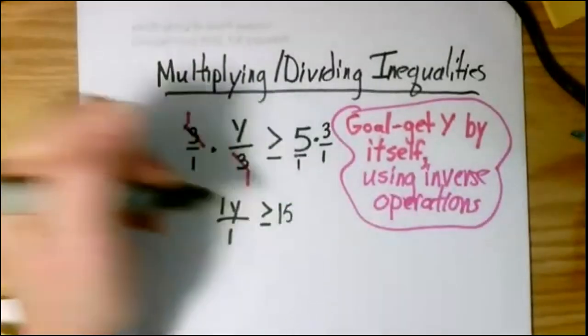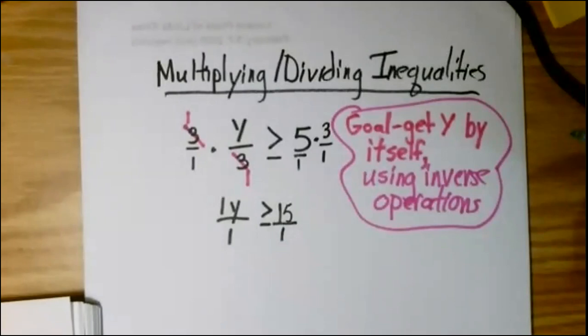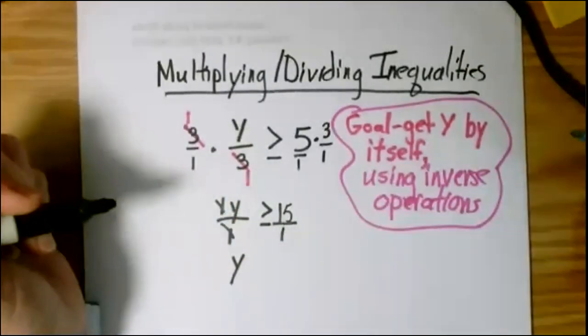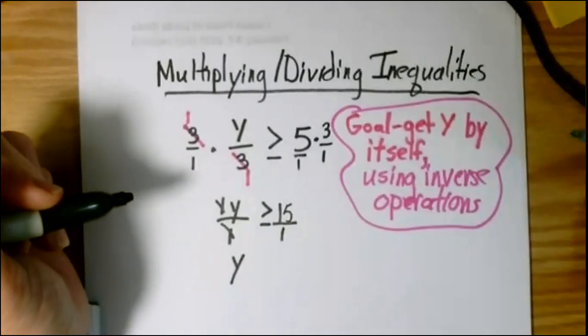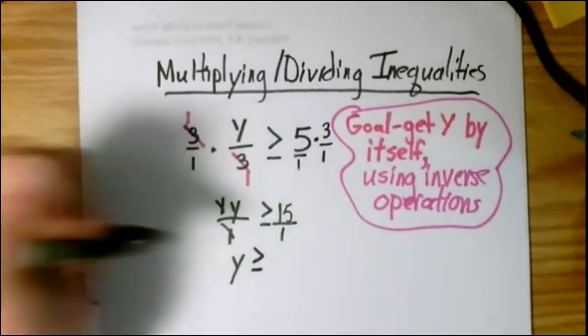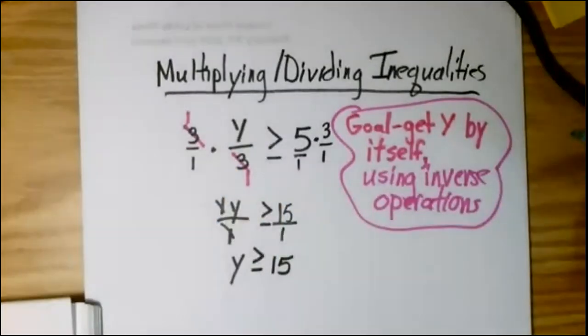So we end up with 15 on top and 1 on the bottom. So these 1's cross off. We're left with just y, or 1y. Remember, we drop the 1 in front of the variable because any number multiplied by 1 is just the number. Y is greater than or equal to 15. So that's our answer.